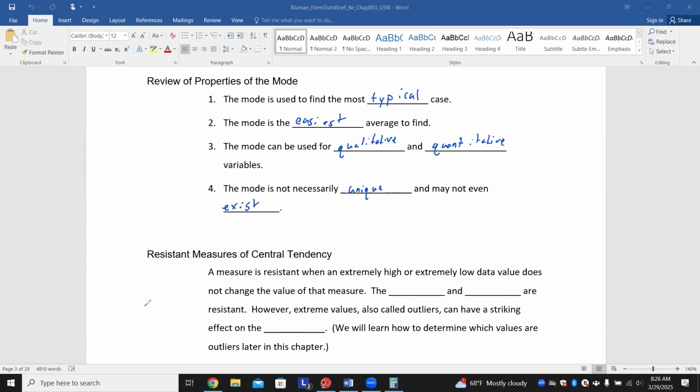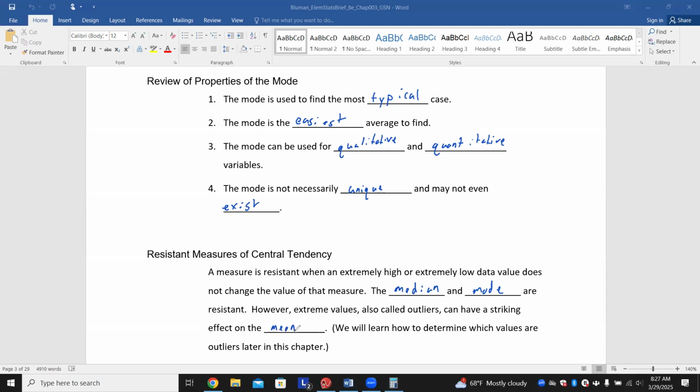So, resistant measures of central tendency. A measure is resistant when an extremely high or extremely low data value does not change the value of the measure. We've seen that the median and the mode are not affected by these extremely low or extremely high numbers. So again, median and mode are resistant. However, extreme values, also called outliers, can have a striking effect on the mean.